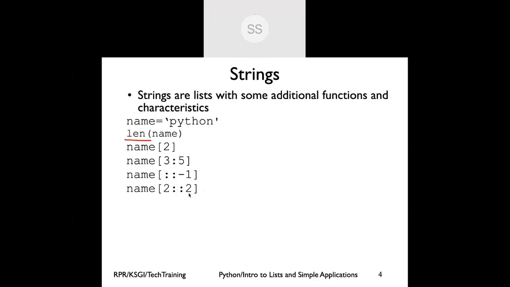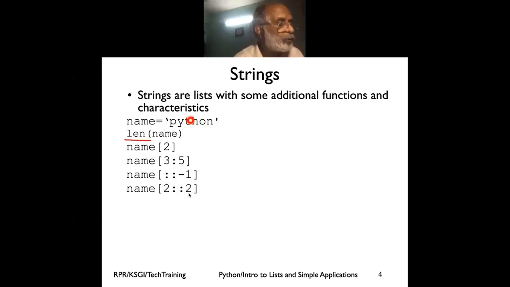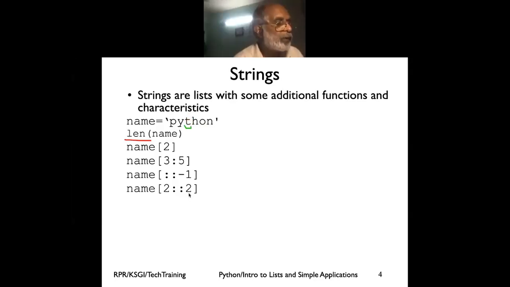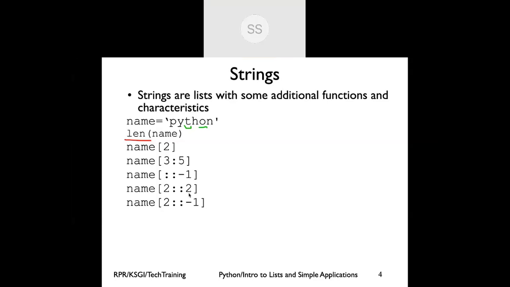Starting from 2, 0, 1, 2, it will give T and O. This is the first, and then after every second character O, and I'm done. So my answer would be T and O. That is what you need to look at. Then name[2::-1], starting from 2 going backward: TYP. That's what you need to look at.